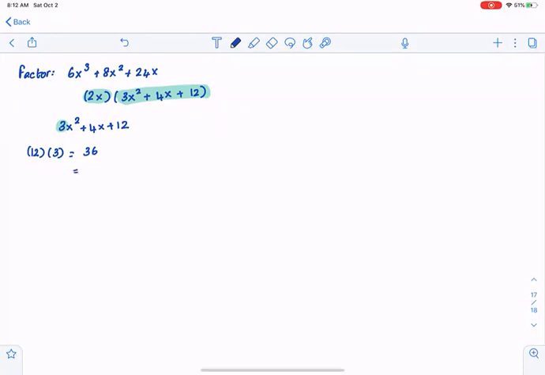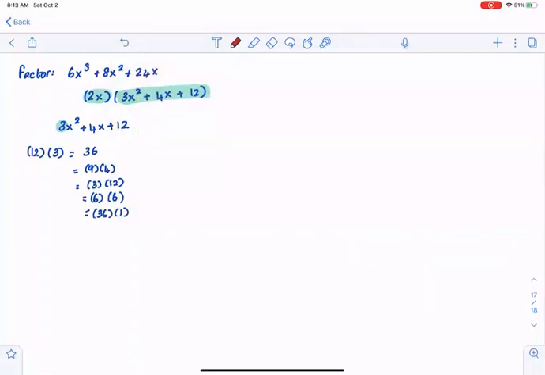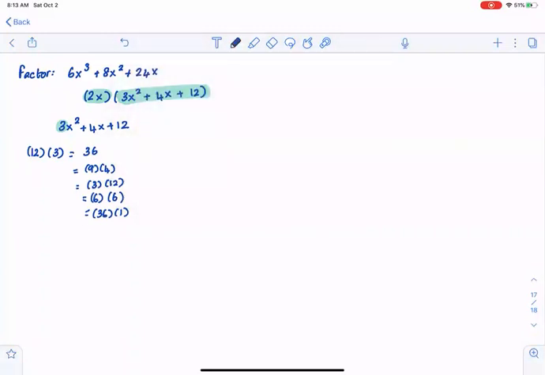So what are the ways to get 36? 9 times 4 is 36. 3 times 12 is 36. 6 times 6 is 36. And 36 times 1 is 36. We could also do 18 times 2.